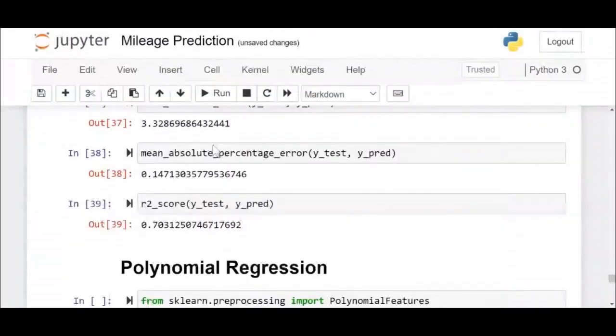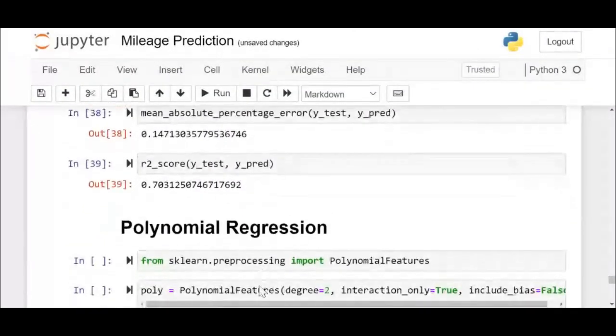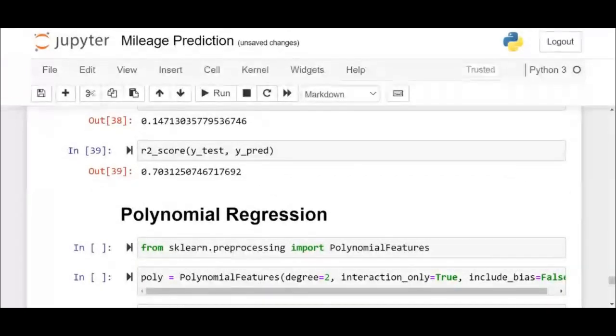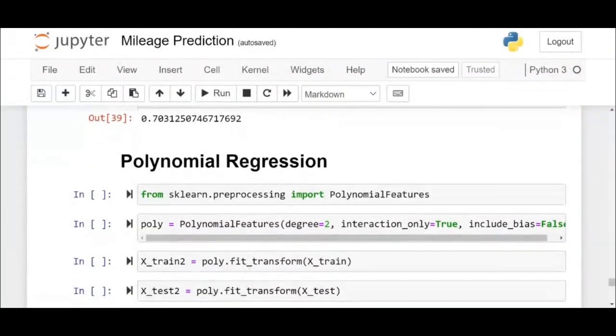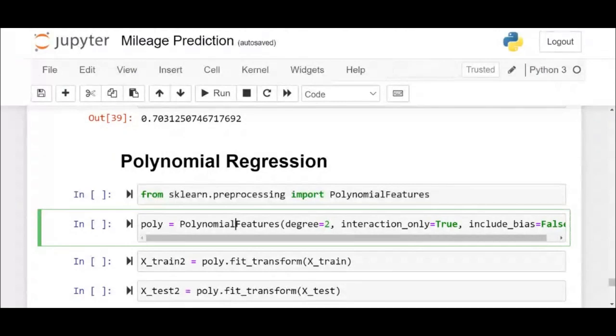For this we have to change the features. We have to find the power or degree 2 value of each feature. The polynomial features function is available in your preprocessing.